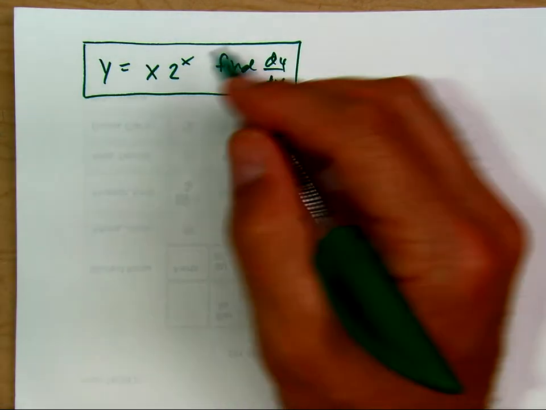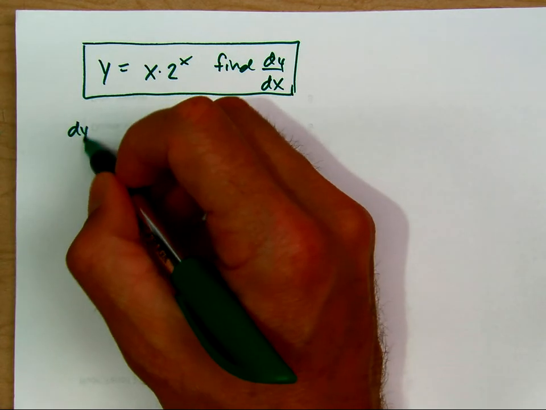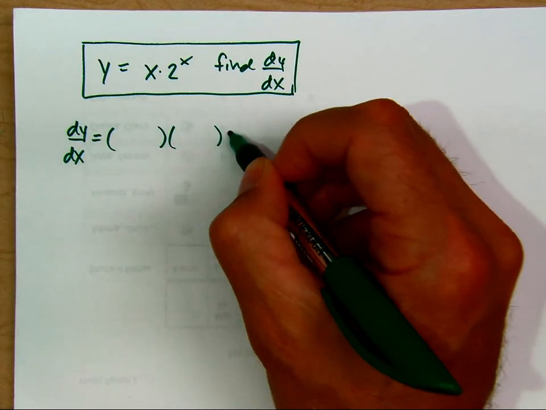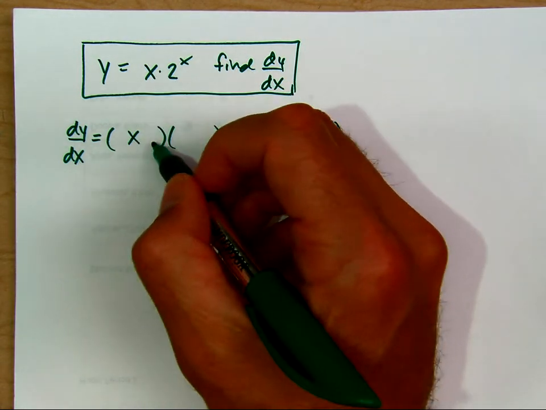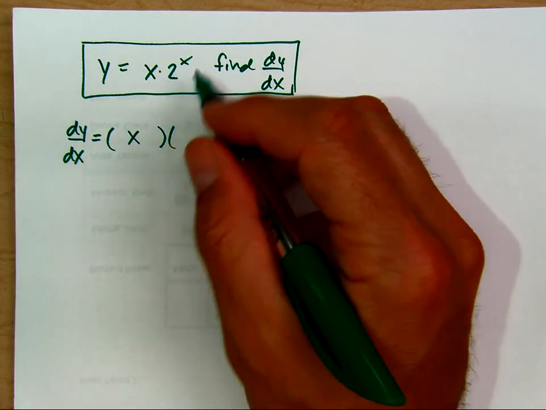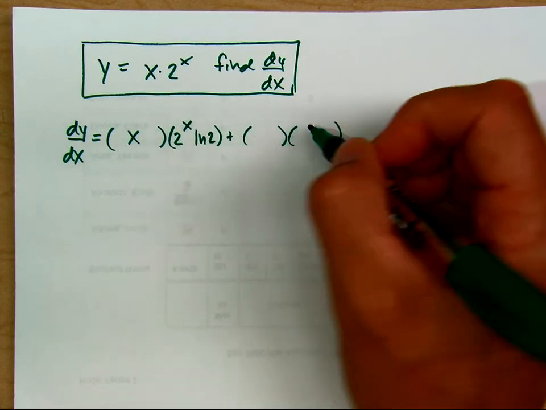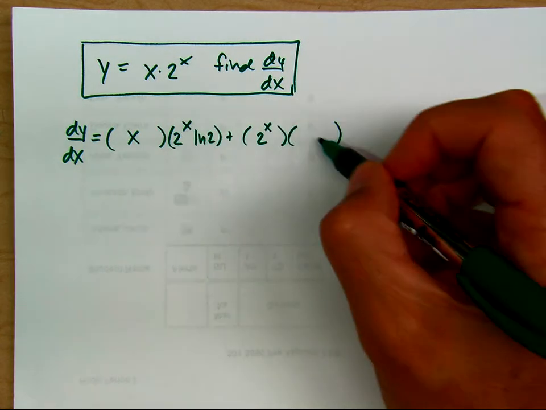Alright, let's be careful of the product rule. So if we find dy dx, make sure we have all the parts of the product rule. The first factor times the derivative of the second factor, and that's copy it, ln of the base, plus the second factor times the derivative of the first.